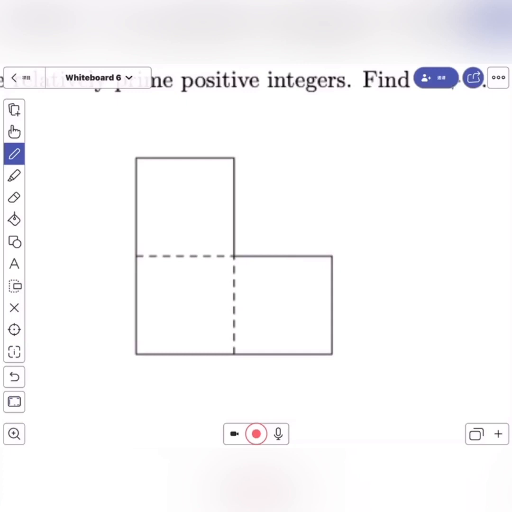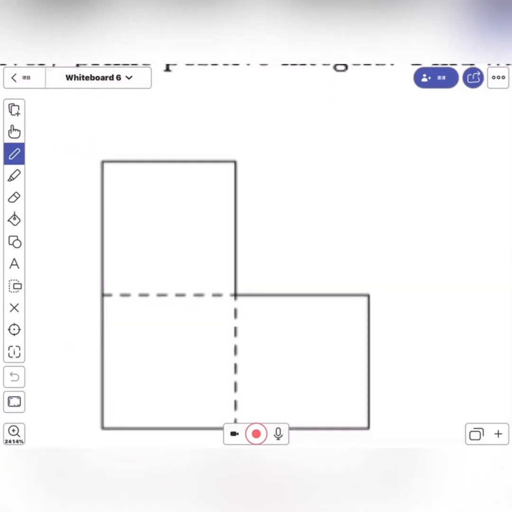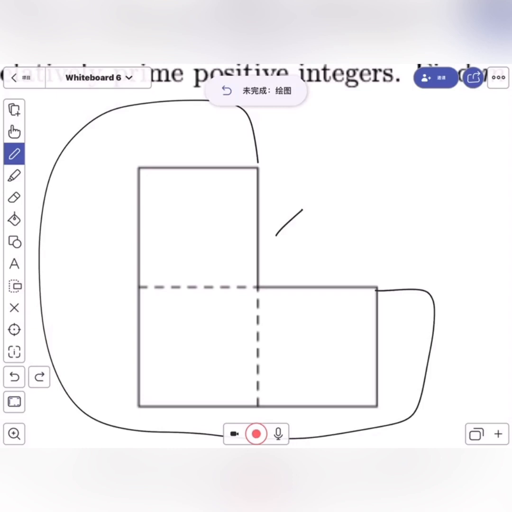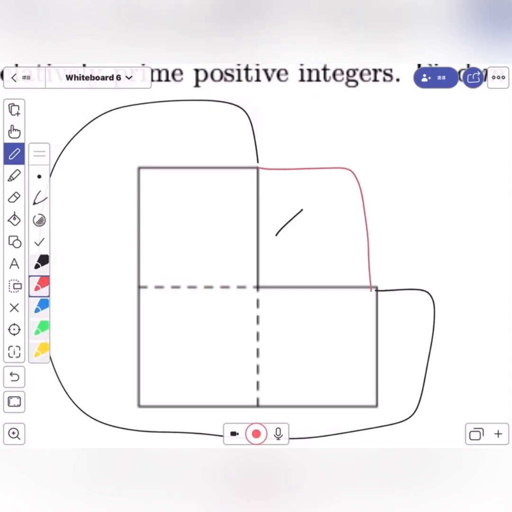Okay. So let's think about that first. What is the possibility that we can make their midpoint to be outside of this L shape? Well, it's not gonna lie within this region, but only within this part. Because you don't have a point that is outside of this L shape, that's not allowed.